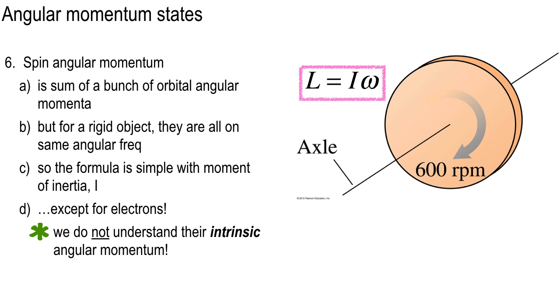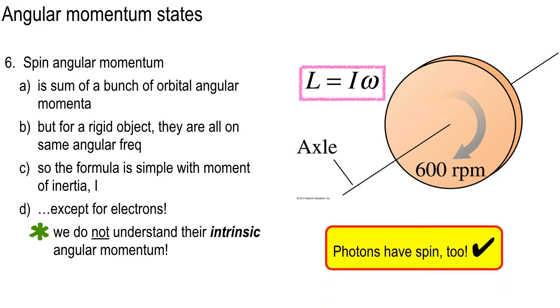It's weird. And the orbital angular momentum as well. They both have magnetic effects. But electrons' intrinsic angular momentum, we don't know where it comes from.